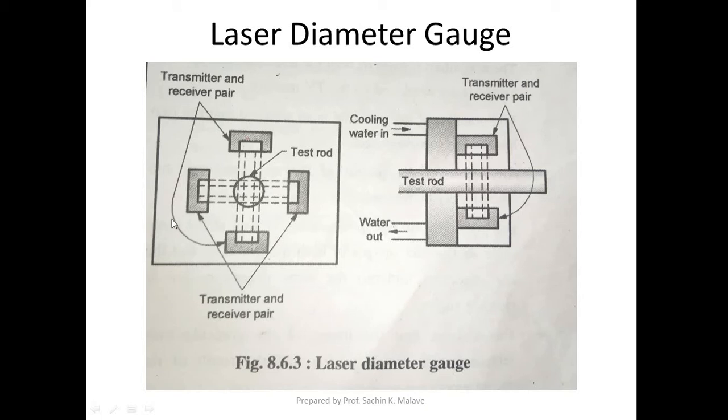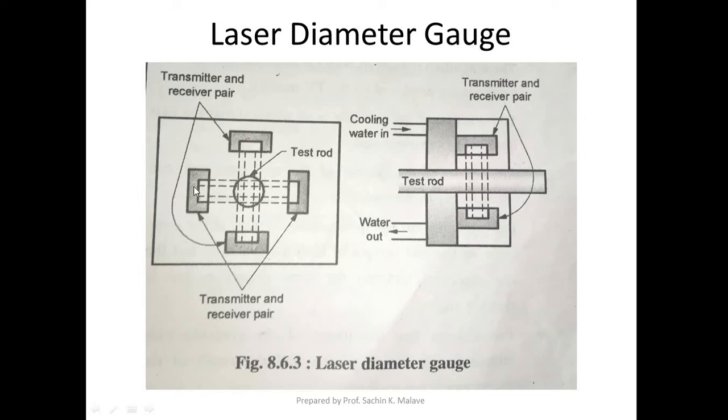Now the laser beam emitted from the transmitter unit is converted into a parallel beam by a projecting lens. All the things are not shown here, only the measurement part is shown. The laser beam will come, it will be split, then converted to a parallel beam by the projecting lens.